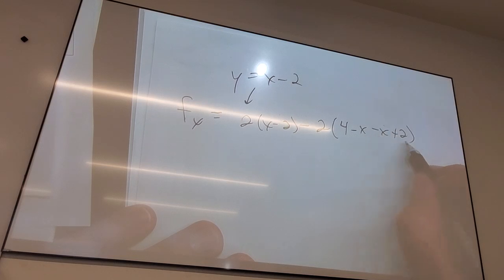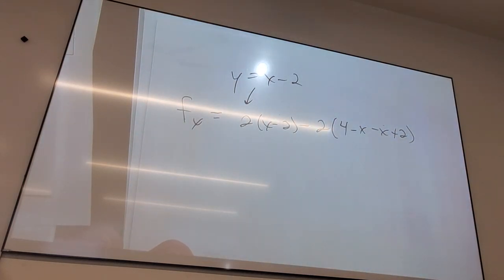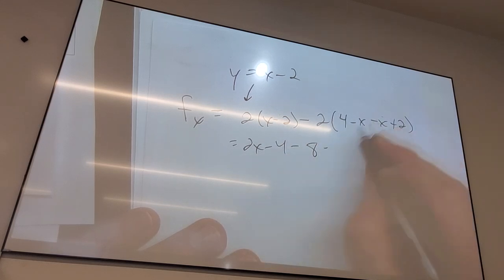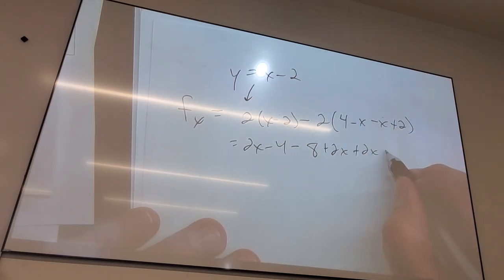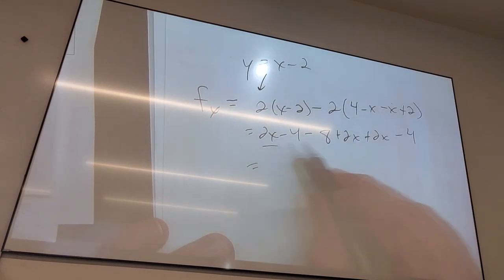There used to be a minus y here, and I replaced it with x minus 2. Okay, so then I get 2x minus 4 minus 8 plus 2x. Sure, just keep going. So then I get 4x, 6x minus 16, it looks like.